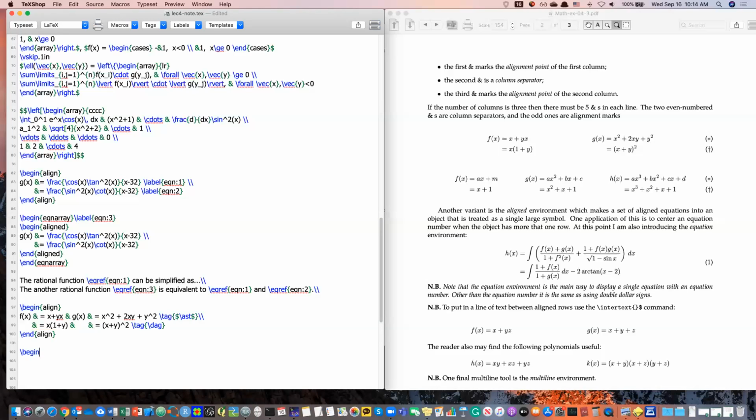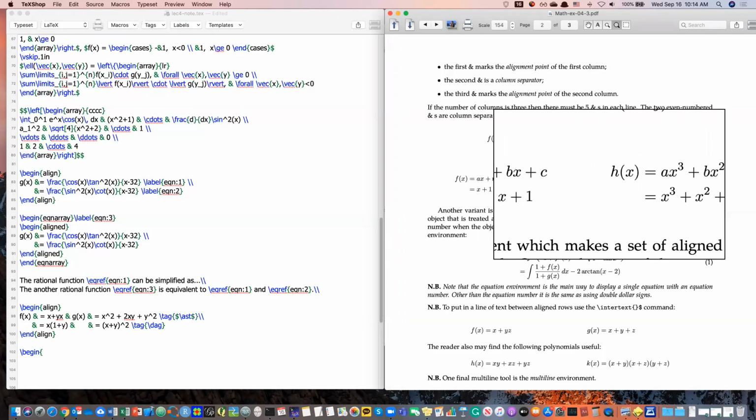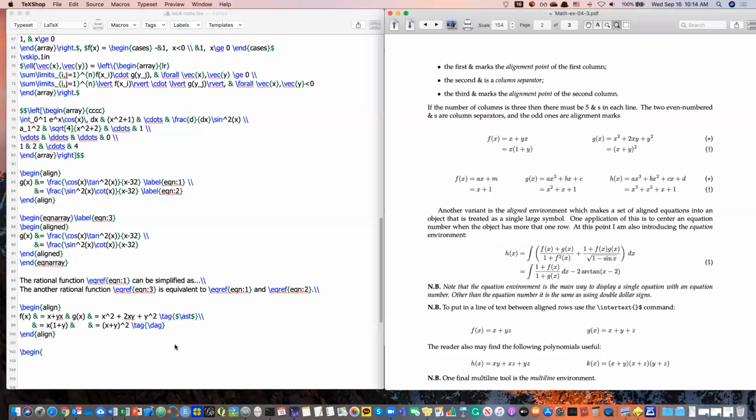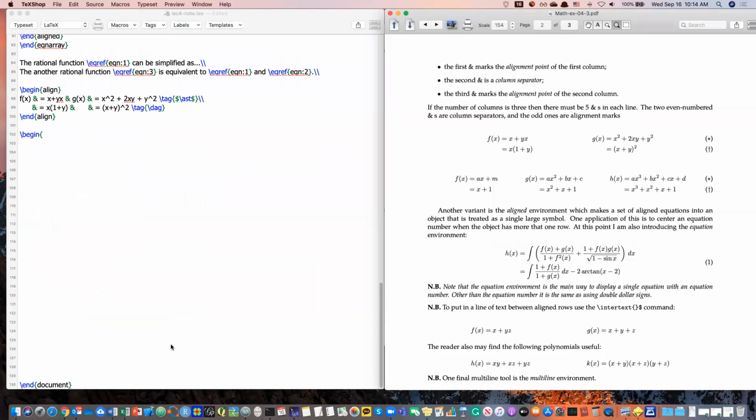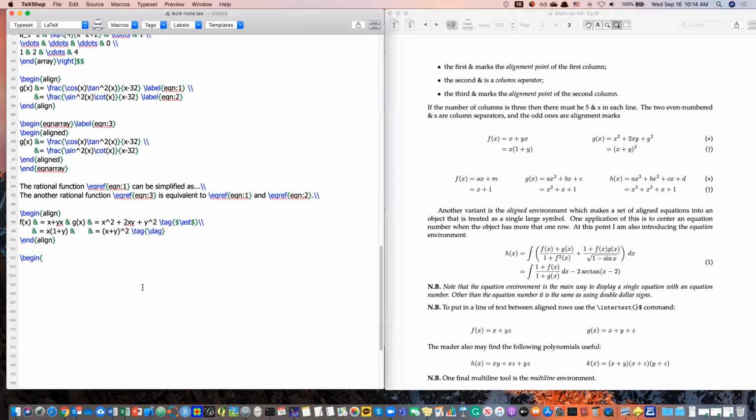And what about three columns in multi-line equations? We use this one. Begin align.